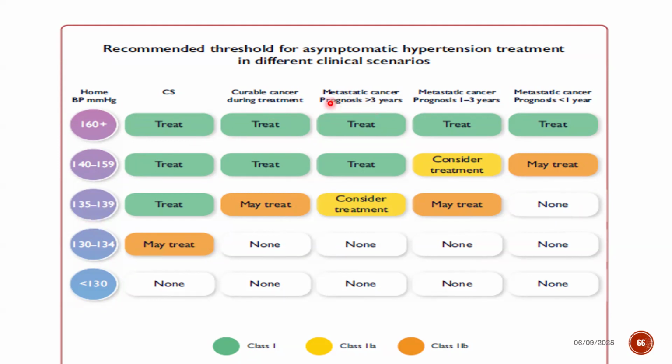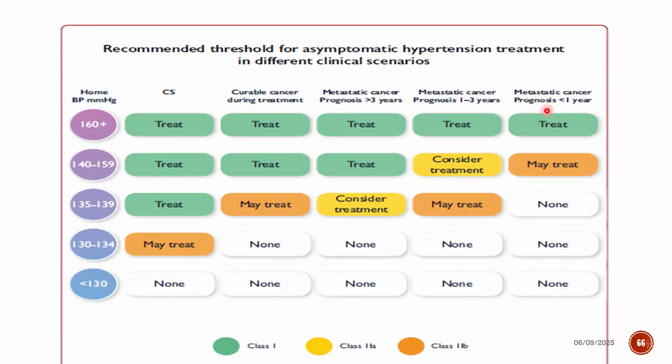Looking at this one, for instance, for patients with metastatic cancer who have a prognosis of more than 3-year survival, their blood pressure should be treated when it's above 140 systolic. However, for patients with metastatic cancer with poorer prognosis, for instance, those with prognosis of between 1 to 3 years, their blood pressure must be treated when it's above 160 systolic, but above 140, we may consider treatment.